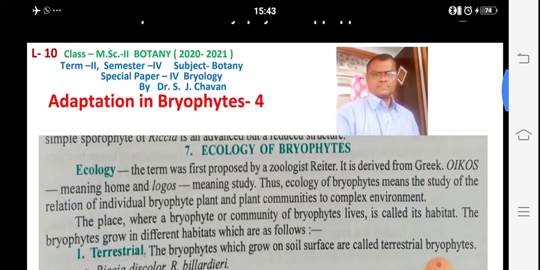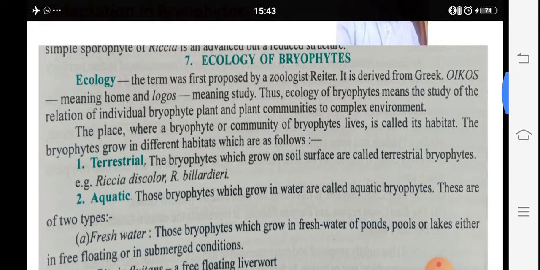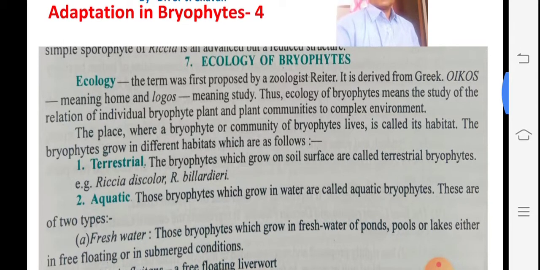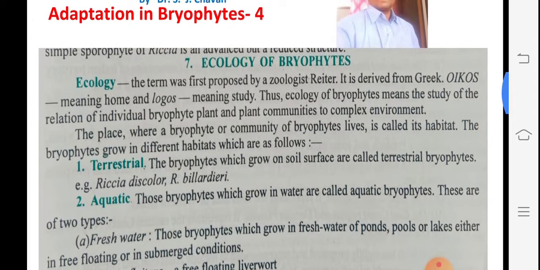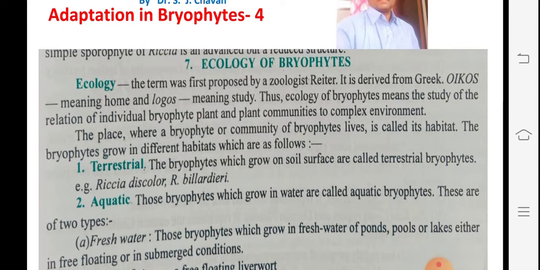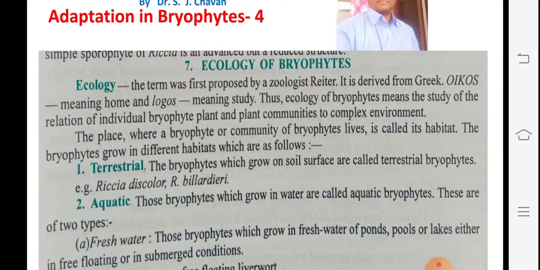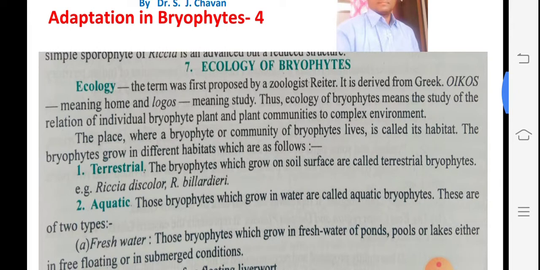We already know ecology; this word was proposed by the zoologist Reiter, and in Greek, oikos means home and logos means to study. So we are studying the relation of individual bryophytic plants and communities to the complex environment.